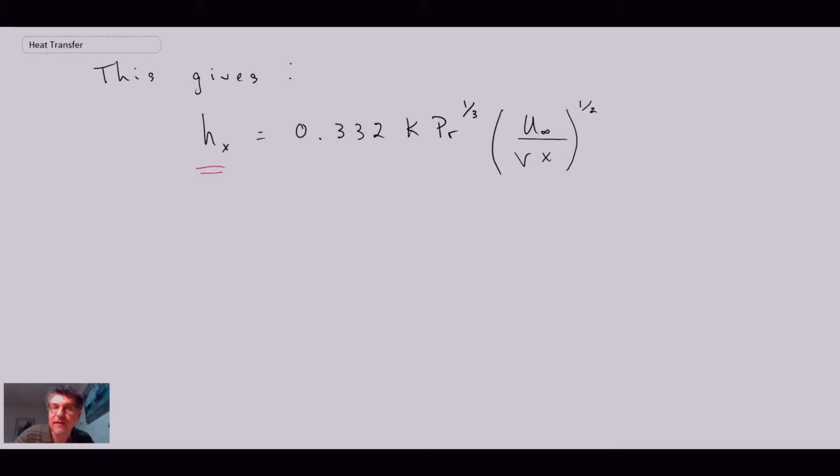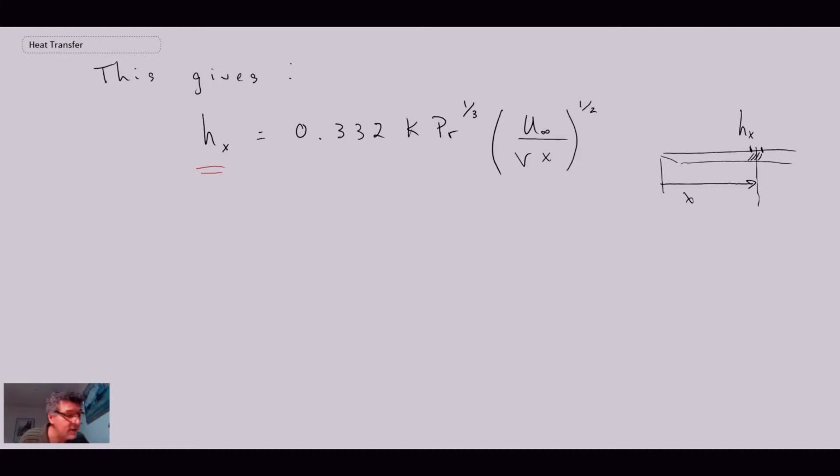This is the convective heat transfer coefficient at some position from the leading edge of the plate. So x would be from here, and that's where we're evaluating h of x. It's the convective heat transfer coefficient at this little element.